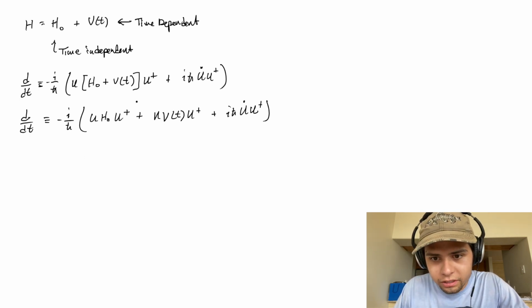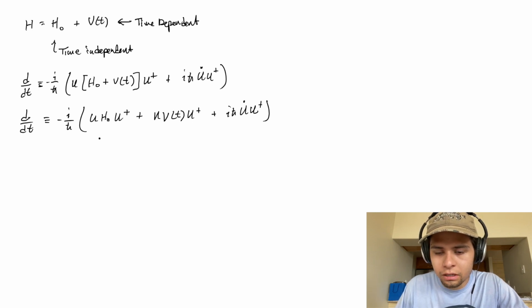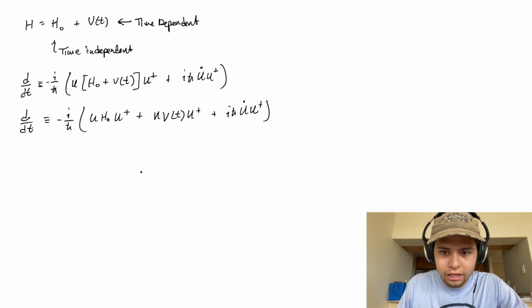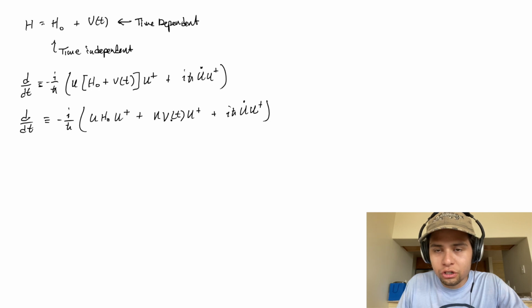So we've multiplied this out. Basically, we've applied the unitary operators to H naught and V(t). What we have left is this, and we want to take a look at what this object is. In other words, this is the only thing with a time component to it.